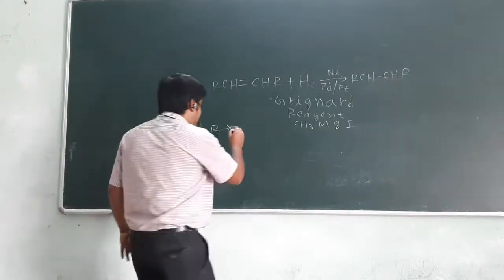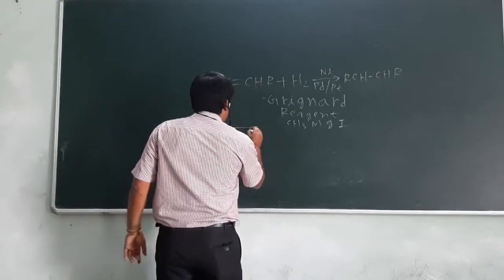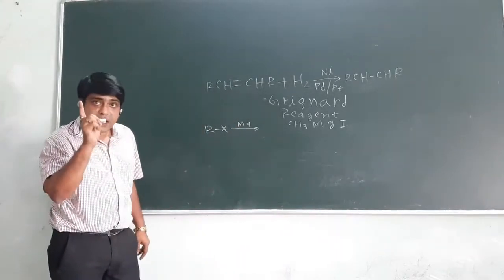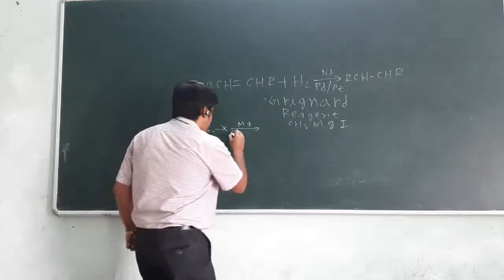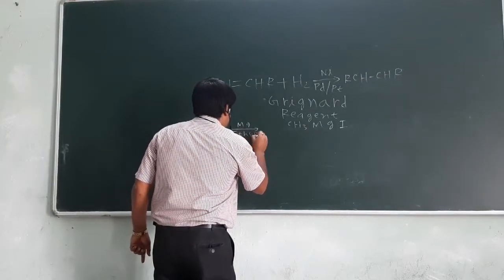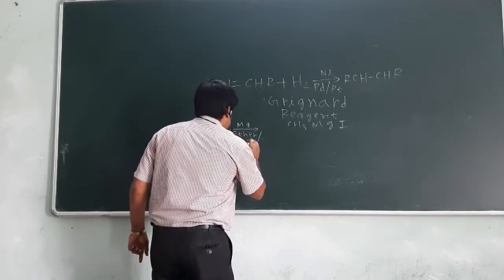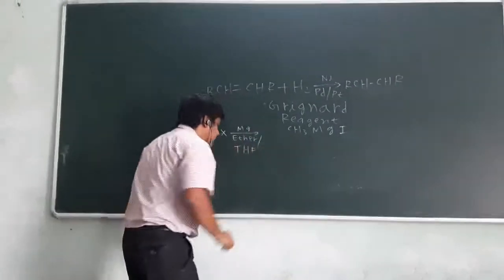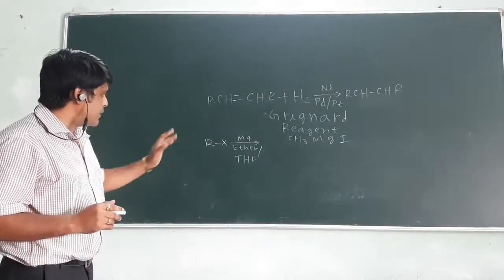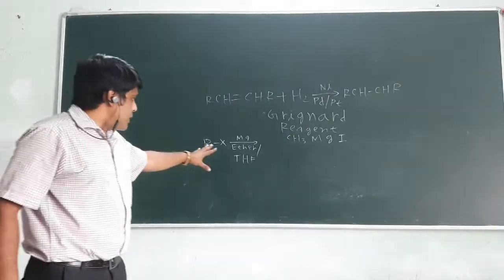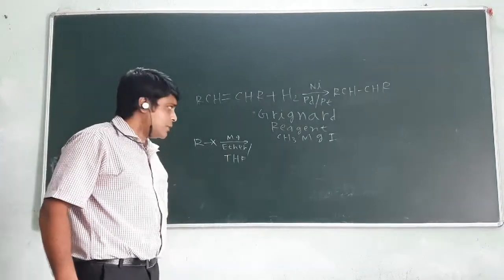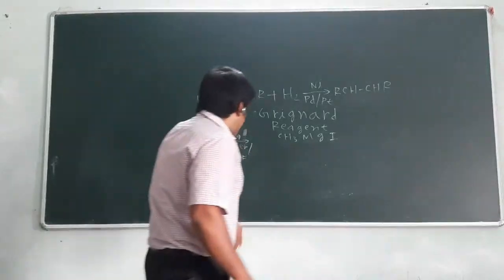In the first step, it reacts with magnesium in which medium? The very important point: either ether or THF. The full form of THF is tetrahydrofuran. You can react it with magnesium in ether medium or tetrahydrofuran medium.